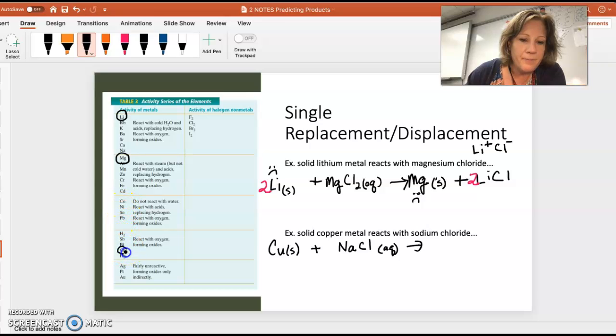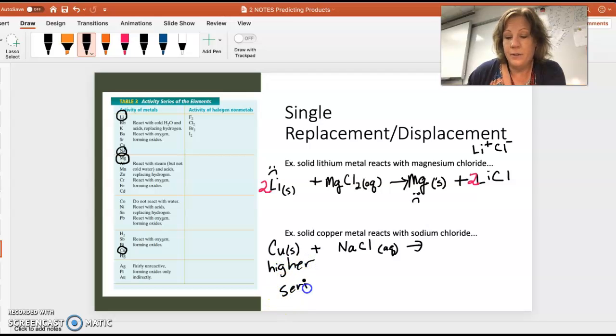Here's copper. And then sodium's up here. So this is not going to work. The copper has to be higher in that series and more reactive than the sodium, and it's not. So we would just write no reaction. That one's easy. We don't have to balance it or do anything.